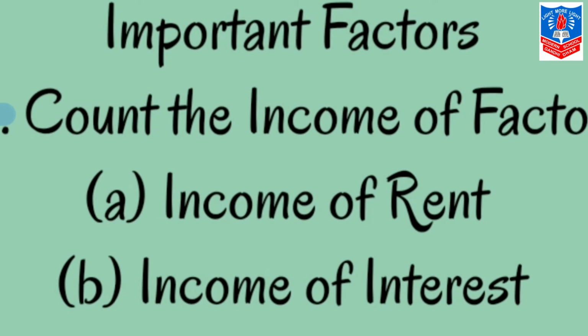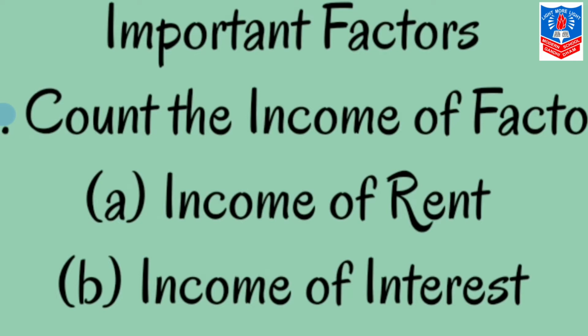Some important factors. Now in that, first is to count the income of factors. There are four types of income obtained by the factors of production. Number one, income of rent. Here, rent is obtained on land or building.